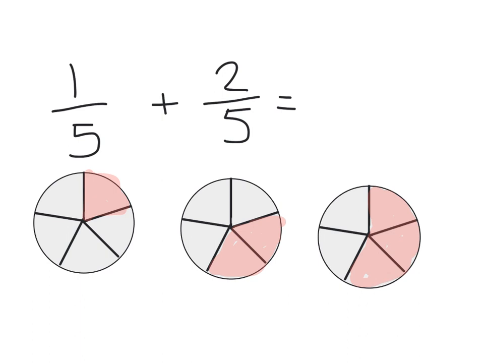So I know on my final one I've got 3 over, and you can see the circle is still cut into 5 pieces, so it's 3 over 5. You notice our denominator doesn't change.